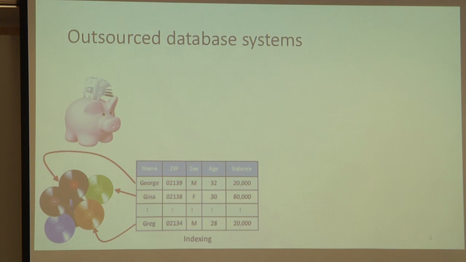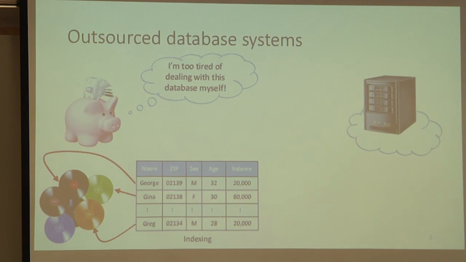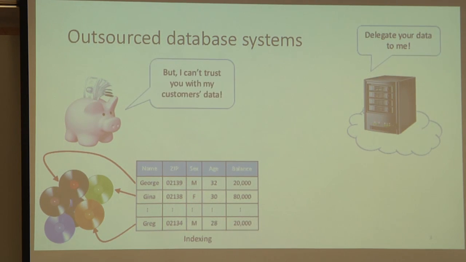OK, so this database might grow really large. So the bank doesn't want to deal with it anymore, but still wants to retrieve records. So we can use a third-party server, the cloud, which will keep the data for the bank, and then we will query the cloud instead to retrieve records. The problem is that we cannot trust a third party with our sensitive client data.